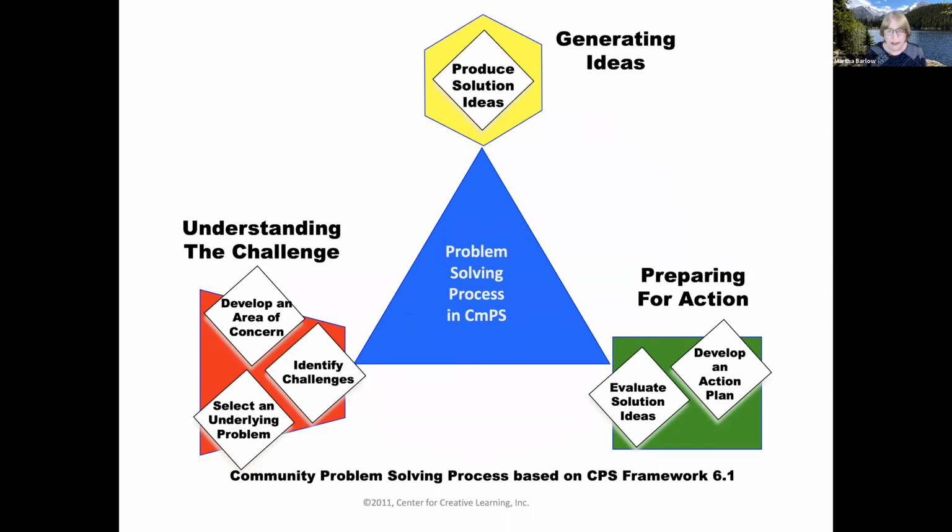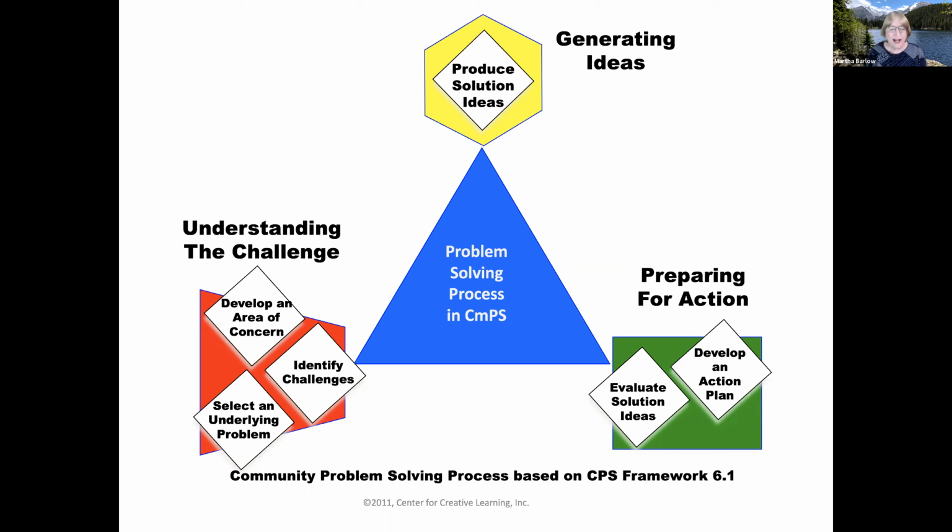This slide shows you the problem solving process as it's used in community problem solving. The process can frequently be divided into 3 general areas: understanding the challenge, generating ideas, and preparing for action. Under understanding the challenge, you will be developing an area of concern. I'm thinking some of you are probably at this point because you've already done this.